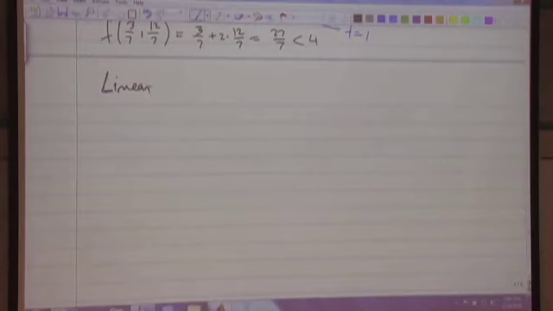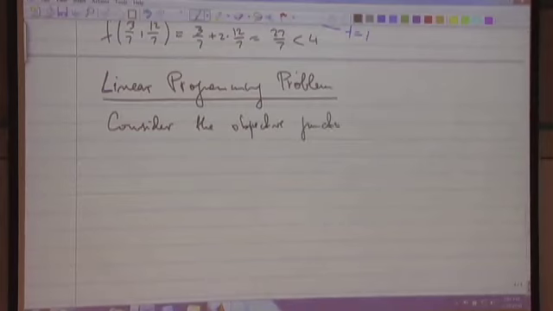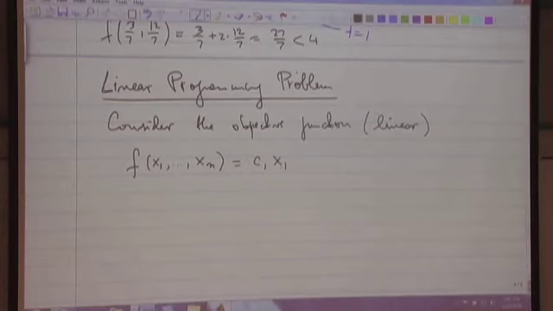The linear programming problem in general says the following: consider the objective function, a linear function as follows: f of x1, ..., xn is basically a linear combination of the x's. So f is c1 times x1 plus c2 times x2 plus ... plus cn times xn.